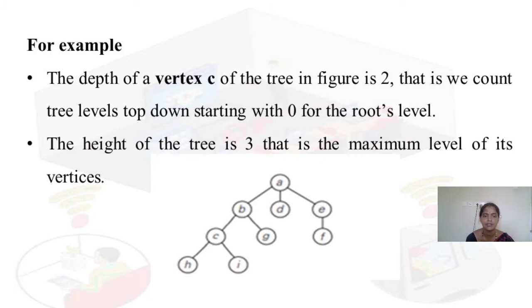The maximum level is at 0, 1, 2 and 3. A is at level 0, B, D, E is at level 1, C, G, F is at level 2, and H and I are at level 3. So the height of a tree is the maximum level of its vertices.